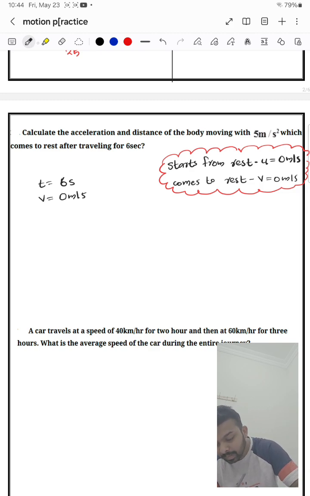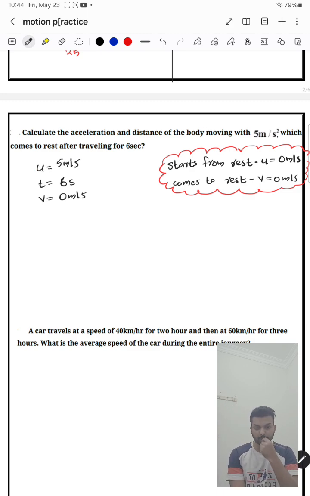Please correct it. The second square will not be here, so you can just remove it. So basically u is given, which is 5 meter per second. That square will not be there.